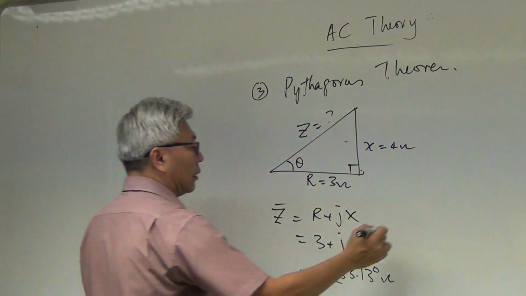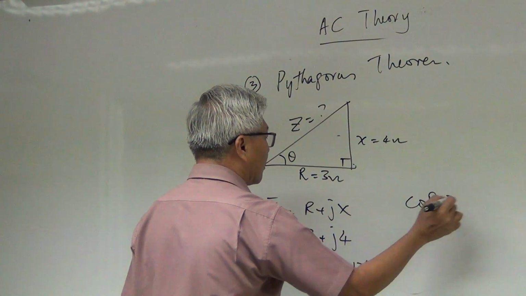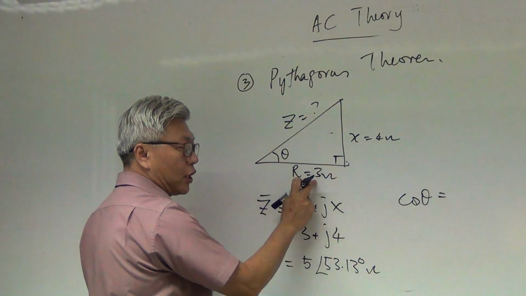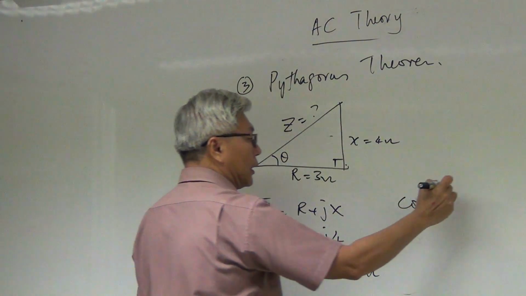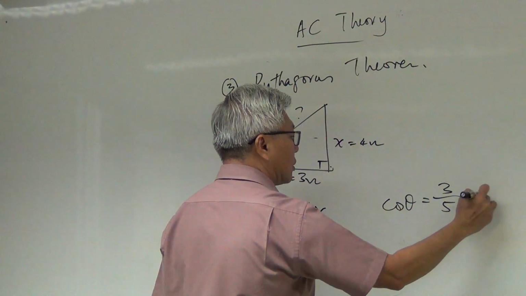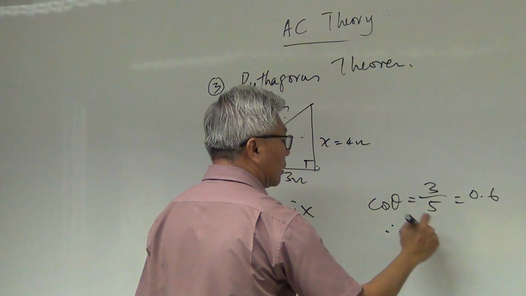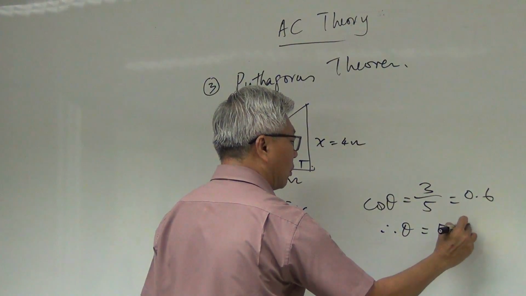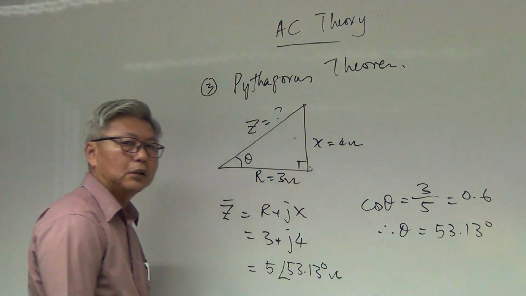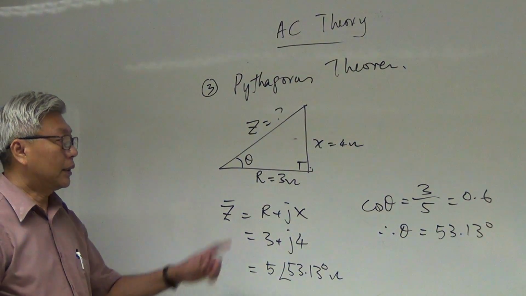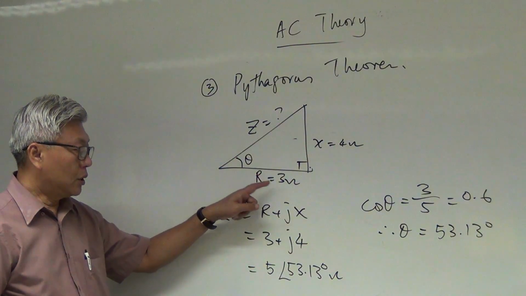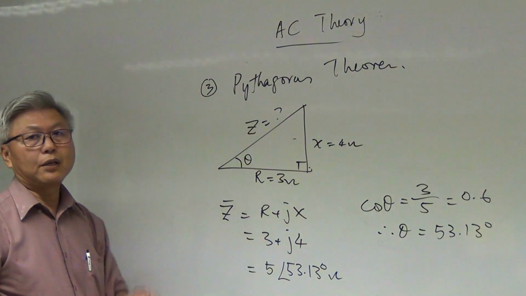Okay? Now the next thing that you ask, can I find out this angle? Of course you can. Cosine theta is equal to adjacent divided by hypotenuse, 3 over 5, so it's equal to 0.6. Therefore, theta is cosine inverse of 0.6, which gives you 53.13 degree. So that is called Pythagoras theorem. 3 square plus 4 square is equal to 5 square.